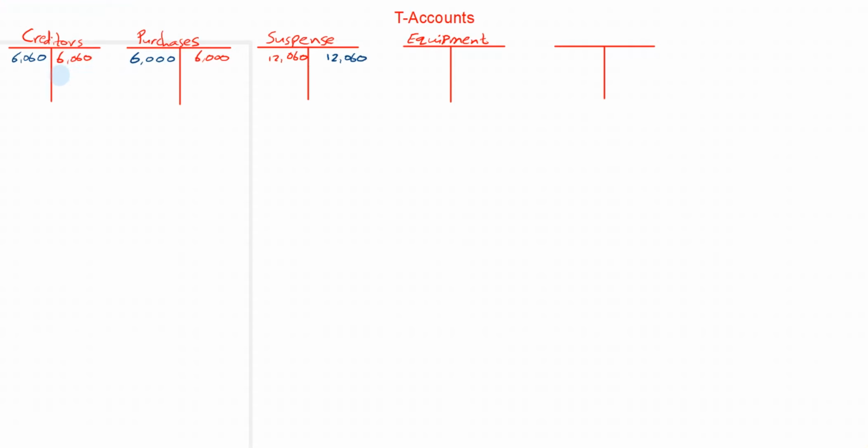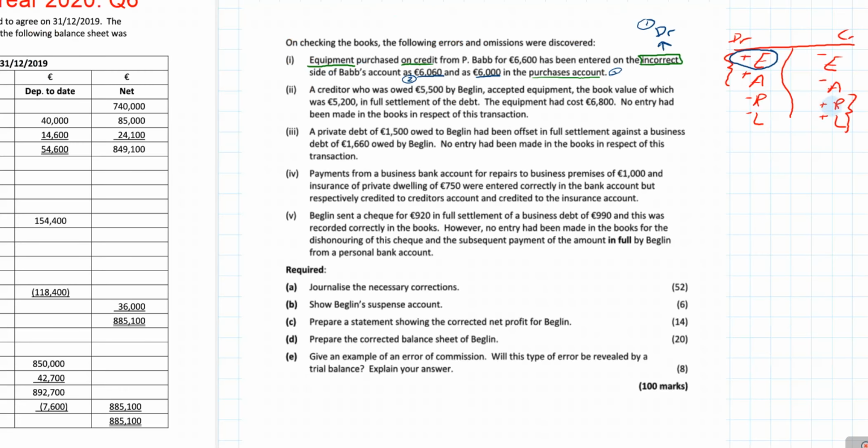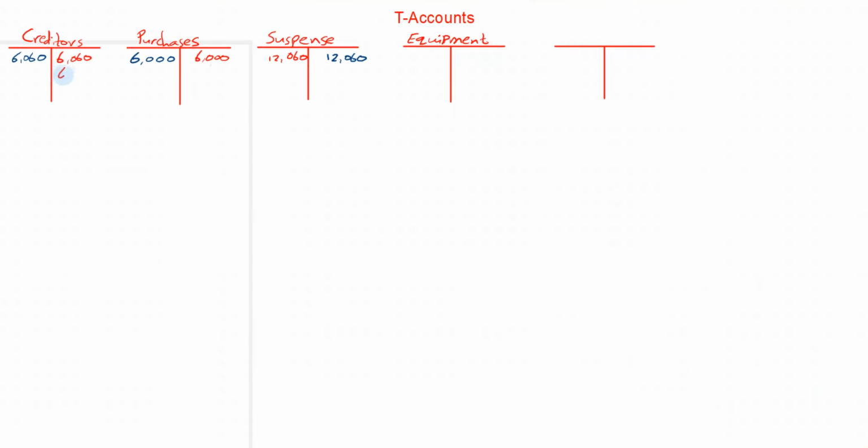So there should be 6,600 increasing my creditors. So there should be 6,600. That will double entry into equipment bought as 6,600. And that's it. So the only entry we should have done is 6,600 in creditors, 6,600 in equipment, that double entry, boom.